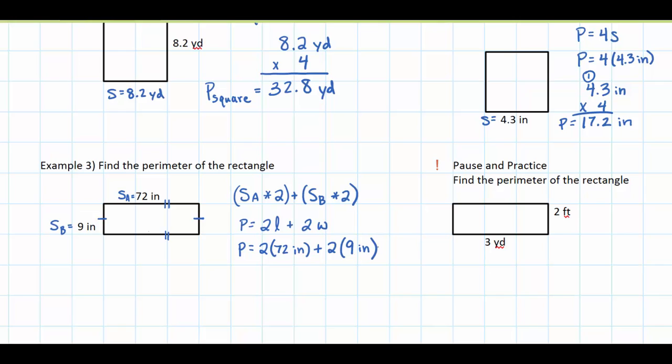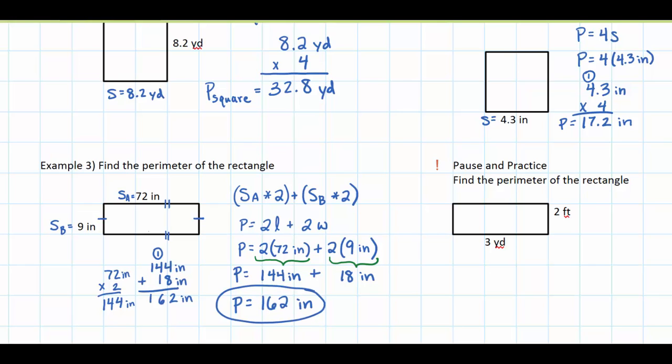And we're going to multiply first because of our rules of PEMDAS, and then we will add. So now we have 144 inches plus 18 inches. So the perimeter of this rectangle is 162 inches.